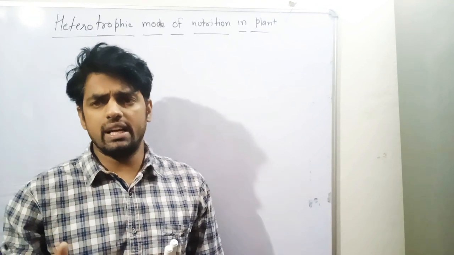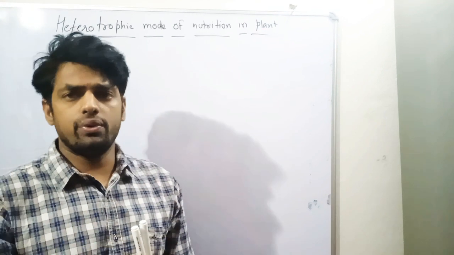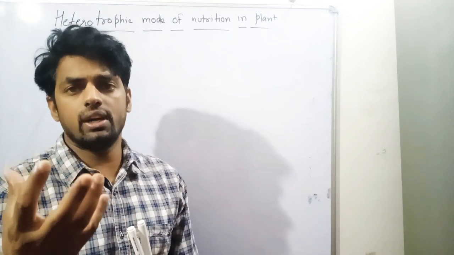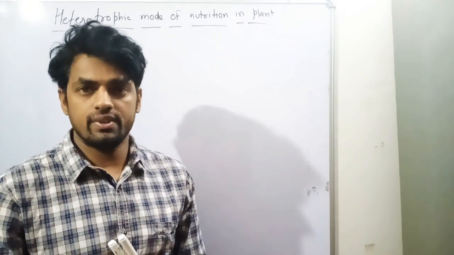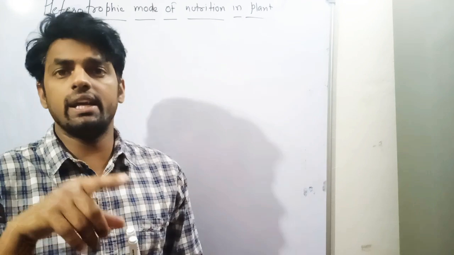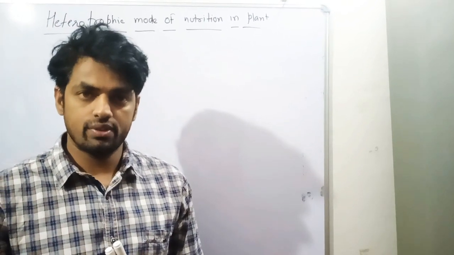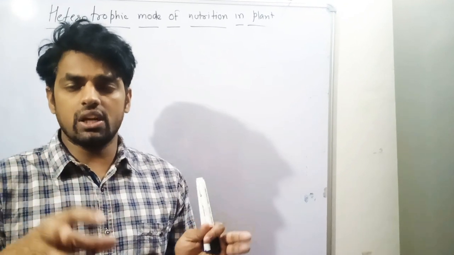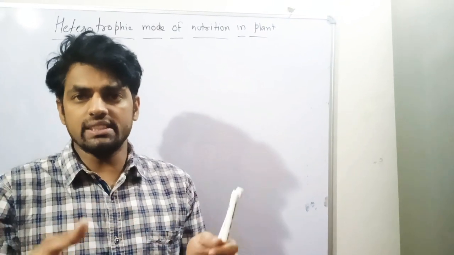As we all know, the living organisms that don't prepare their food by themselves, but depend upon some other living organism for food, are known as heterotrophs, and the mode through which they get their food is known as heterotrophic nutrition.